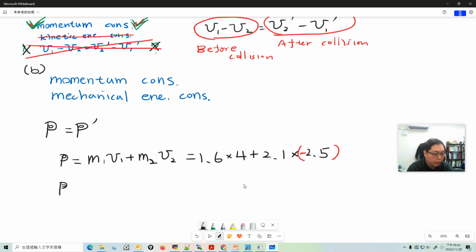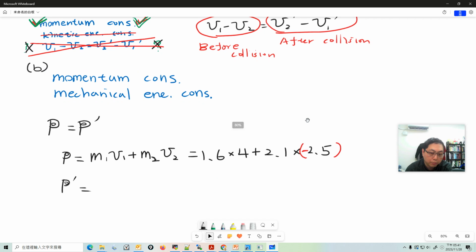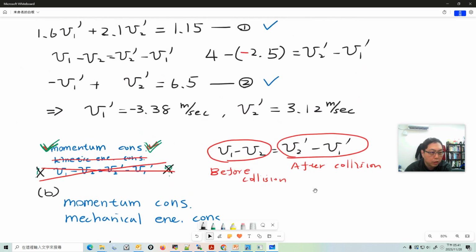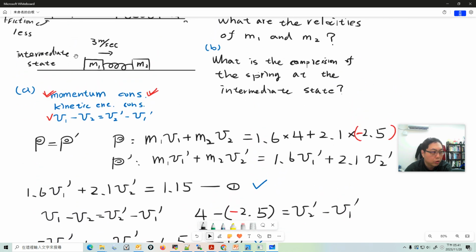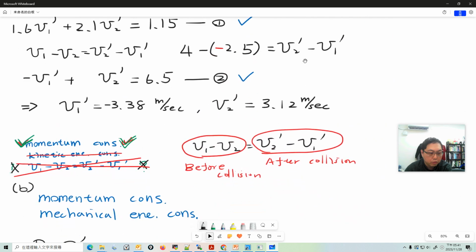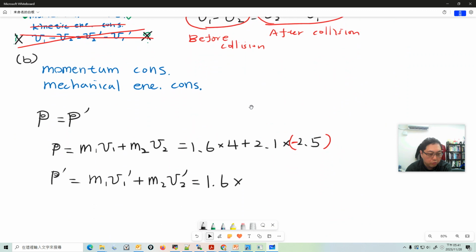So what is P prime? Right now our P prime is at a particular intermediate state, and it gives us the information of V1 prime. So 1.6 times V1 prime. I remember it's positive 3. Positive 3 here at the intermediate state, plus 2.5 times V2 prime.